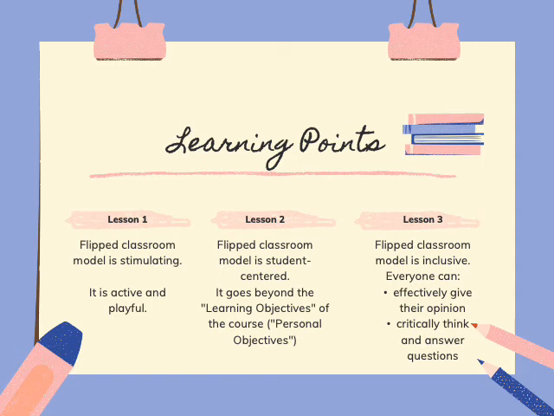The third take-home point or learning point is that the flipped classroom model is inclusive. Everyone can effectively give their opinion. They're free, even if it's a dissenting opinion, or even if their opinion is wrong, at least they're thinking.